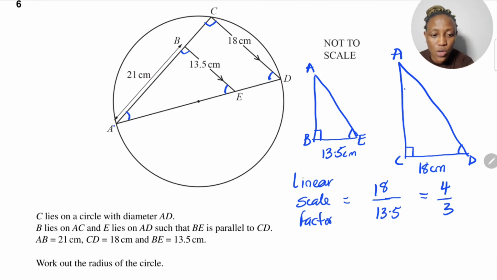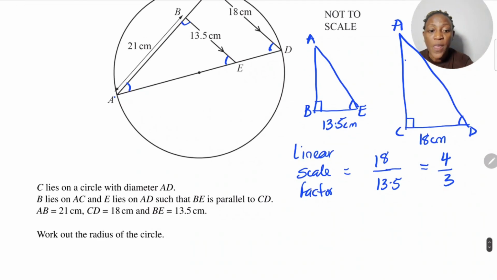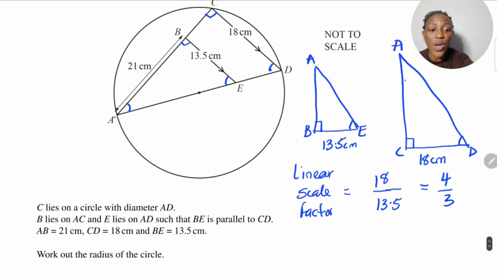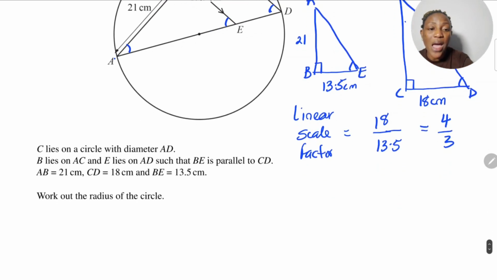That's our linear scale factor. Do we need it right away? Not yet, but we're going to need it pretty soon. So let's just keep it right there. Now, since this triangle ABE is a right angle triangle, and we're given AB, AB is 21 centimeters, we can find our AE. How do we find AE? Since it's a right angle triangle, we apply Pythagoras theorem.